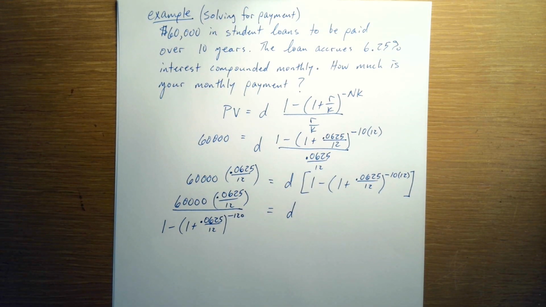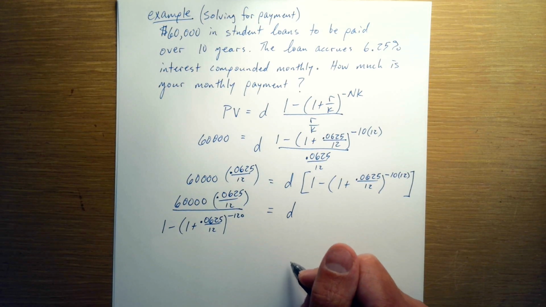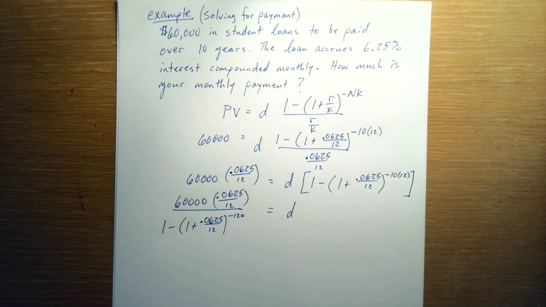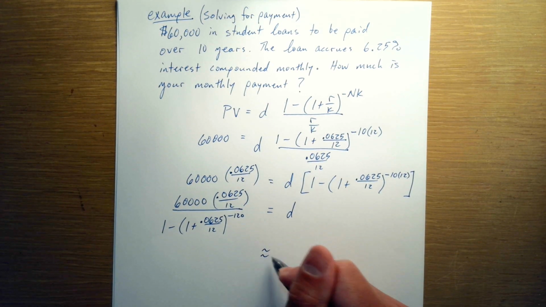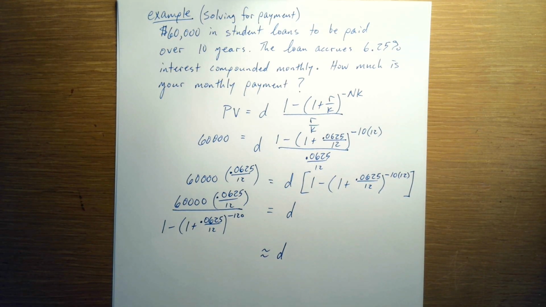And 10 times 12 is 120, so I can just replace the 10 times 12 with 120. Notice the exponent, negative 120, it's not on this 1 over here. It's only on this parenthetical piece. So here are some decimal approximations of these.